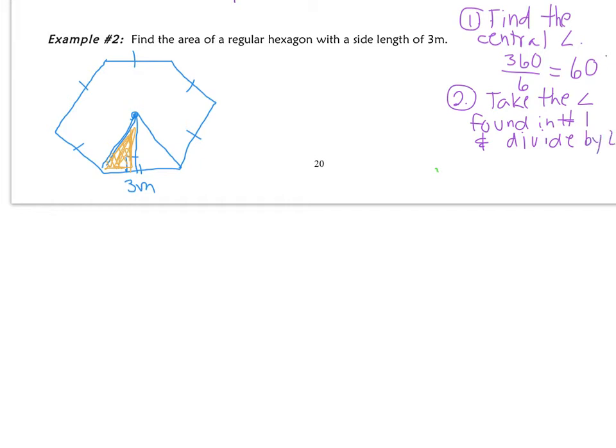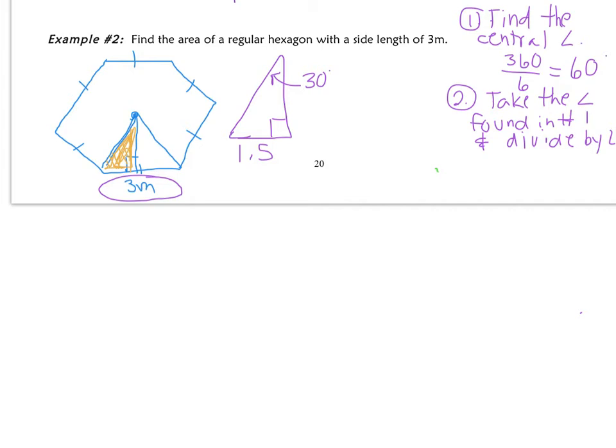The reason I do that is that if I take 60 and divide by 2, I now have this information about my little right triangle. This top angle will be 30 degrees in my example. Now I need to find this leg. If this entire side is 3, I divide it by 2, I get 1.5.